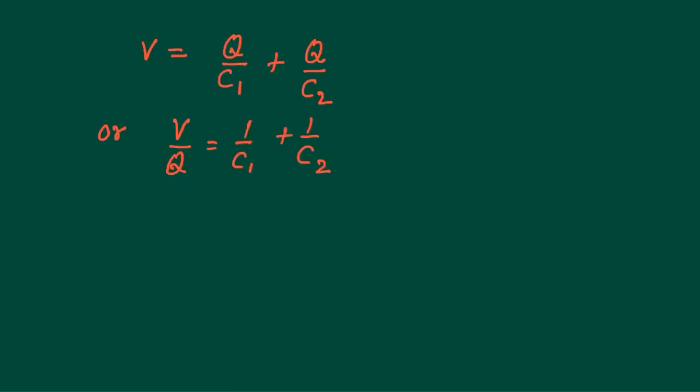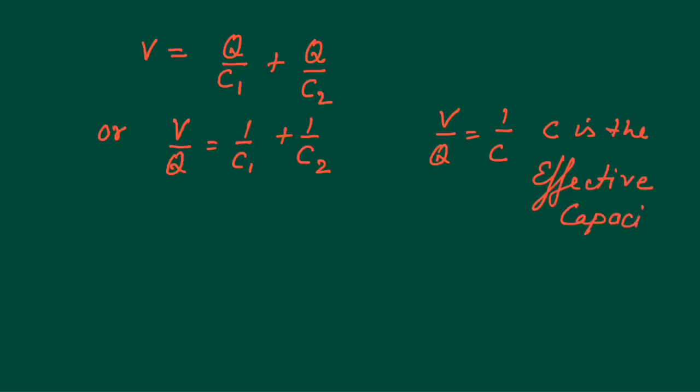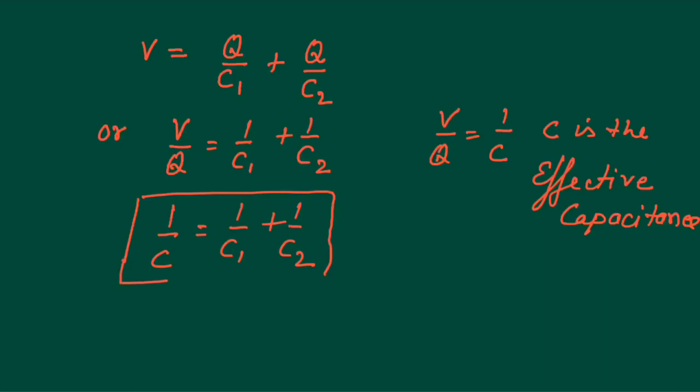As we know, V upon Q equals 1 upon C, where C is the effective capacitance. Therefore, 1 upon C equals 1 upon C1 plus 1 upon C2. Hence, we can find the effective capacitance of the two capacitors when connected in series.